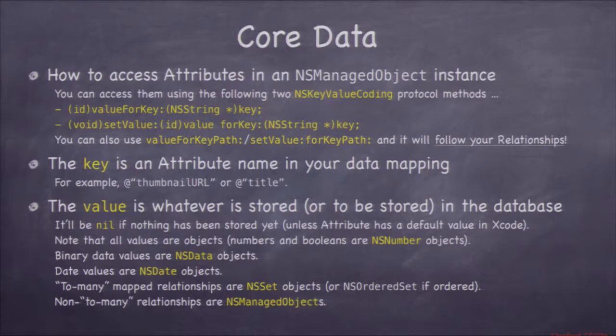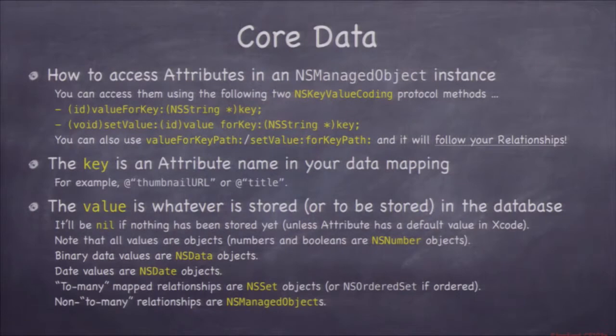Remember that from Flickr? This is how NSManagedObject works. It implements all these, and you can say value for key @"title", and you can get the title of a photo. Or you can say set value, whatever you want, for key @"title", and set the value of the title. Simple as that. Okay? Value for key, set value for key. Any questions about that? Okay?